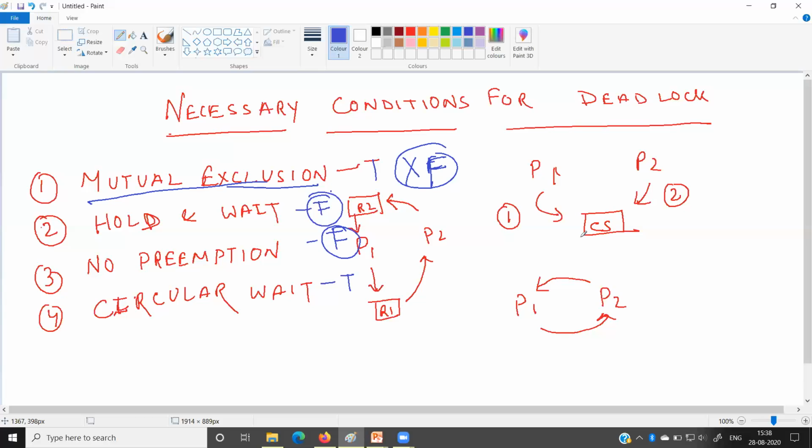So mutual exclusion must be true. It cannot be false. But apart from mutual exclusion, there are other conditions, and if we can make any one of them false, then deadlock will not occur for the system.